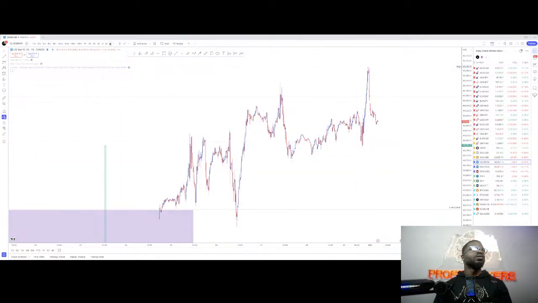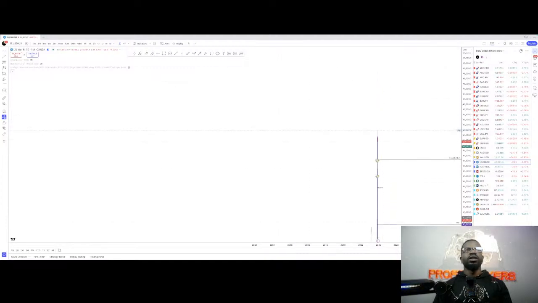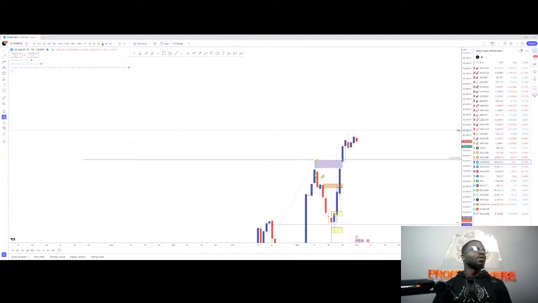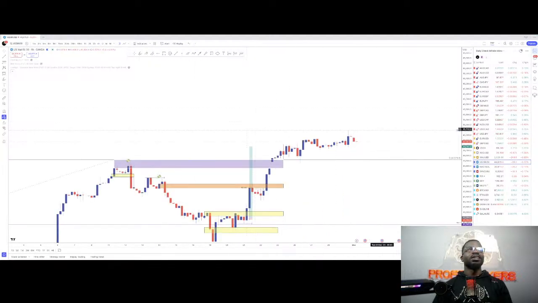Whoa, all-time highs on the indices. Bullshit. Man, this thing is about to crash. This thing is going to fall really quick.